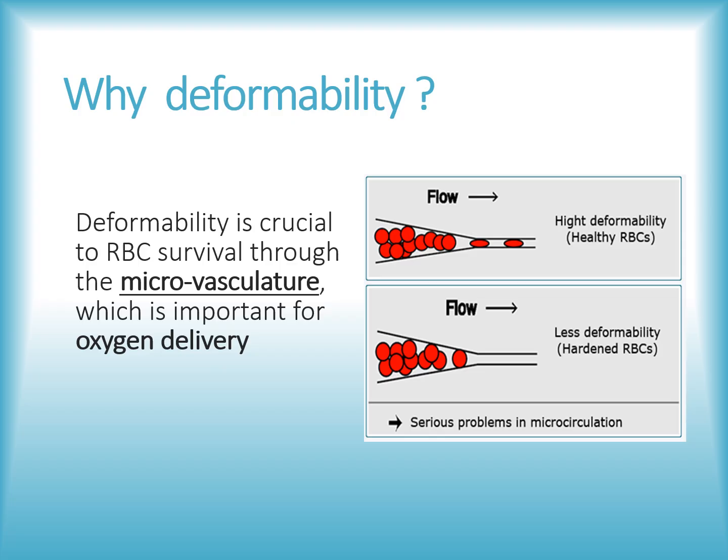And then this bottom picture here, we see cells that are hardened and less deformable. This could be an inherited problem. It could be a problem just because maybe there's an aging cell and so it's losing its deformability with age, but they become kind of hardened and they're unable to squeeze down into those little tiny vessels. And again, deformability is crucial to red blood cell survival through the microvascular, which is really important for oxygen delivery and cellular waste removal.